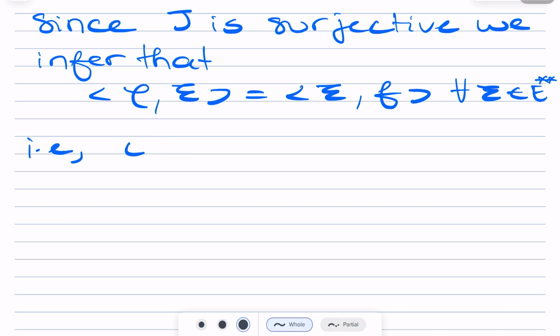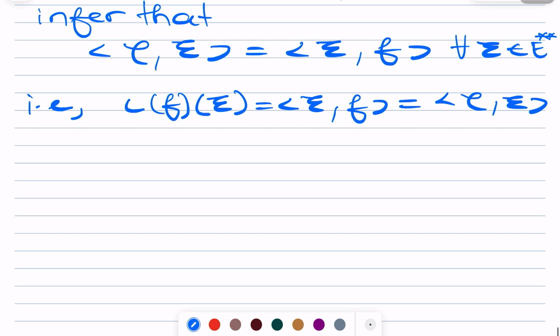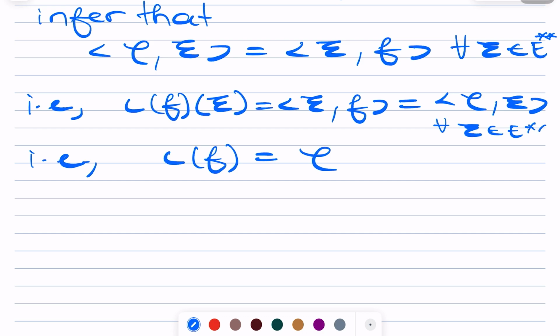So this means iota of f, xi, which is equal by definition to xi f, is equal to phi xi. So this means iota of f is equal to phi, because the above relation holds for every xi in the bidual.